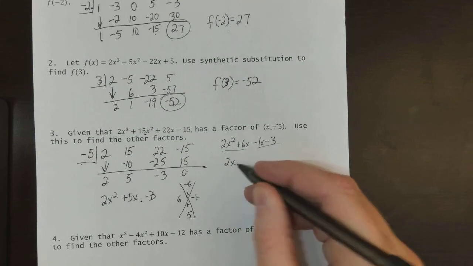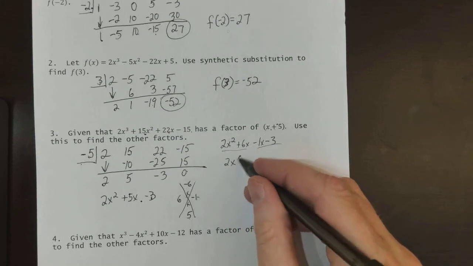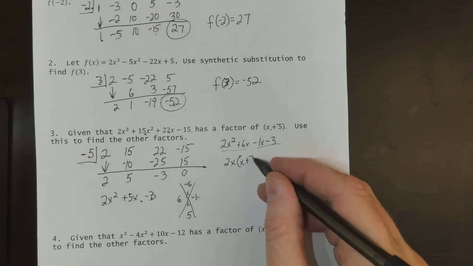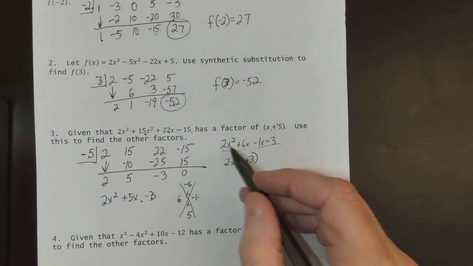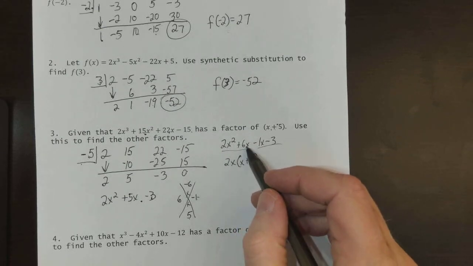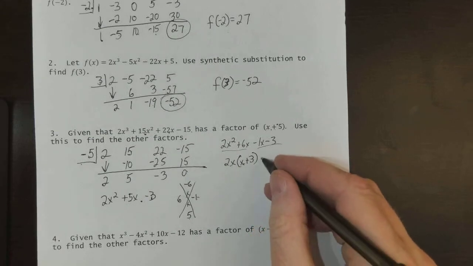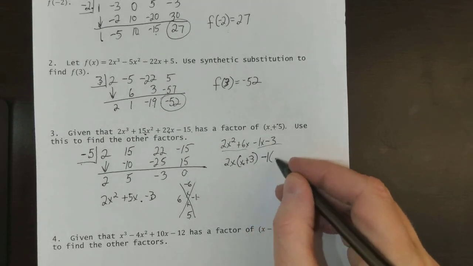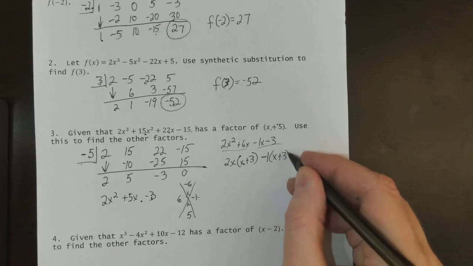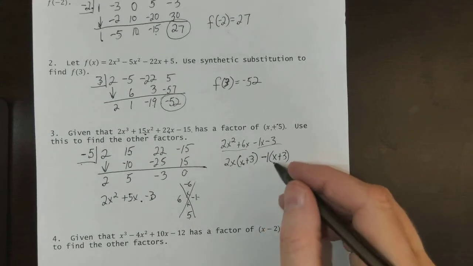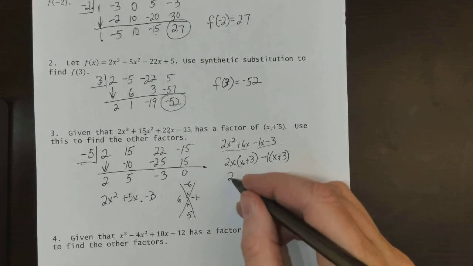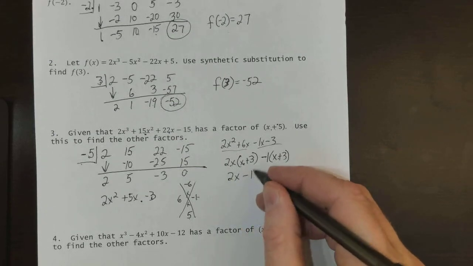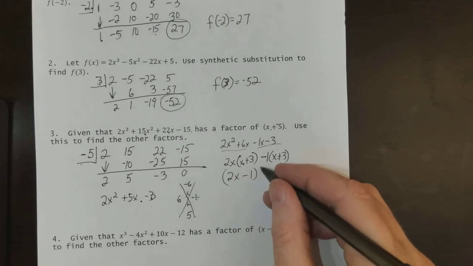And 2x times x plus 3. 2x is a common factor of 2x squared and 6x. And then I'll put the negative 1 out here, because that's all it'll go into there. And I'll put negative 1 times x plus 3. If I distribute, I'll get this. So x plus 3 is that common factor, and that's good. So 2x minus 1 is another factor.